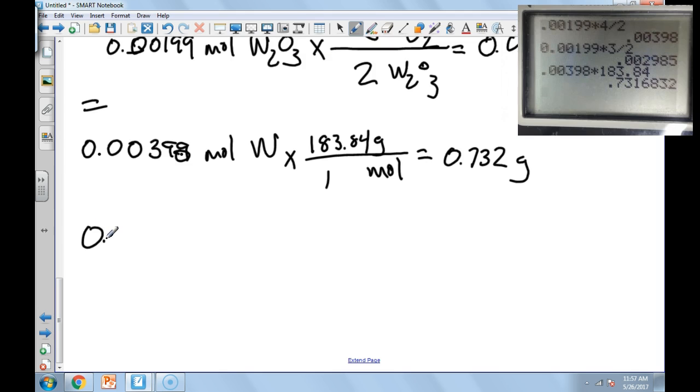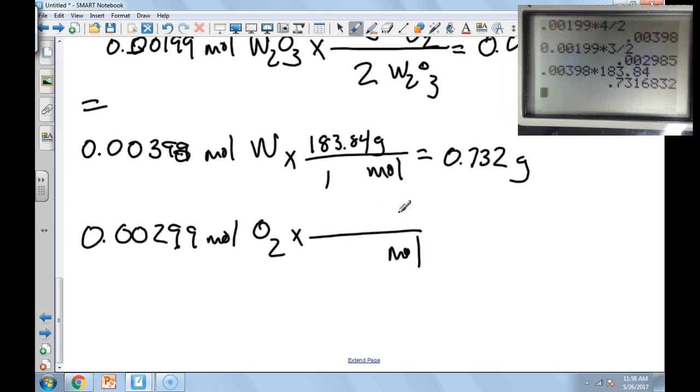Now, do it again for O2, but keep in mind that O2 here is, do it in black, 0.00299 moles of O2. X-line, moles on the bottom, grams on the top. For every 1 mole of O2, because oxygen is diatomic, that's going to be 32 grams per mole. Okay, so we have 0.00299 times 32.